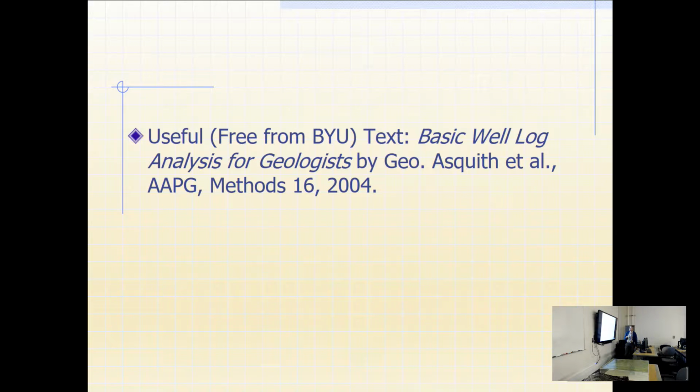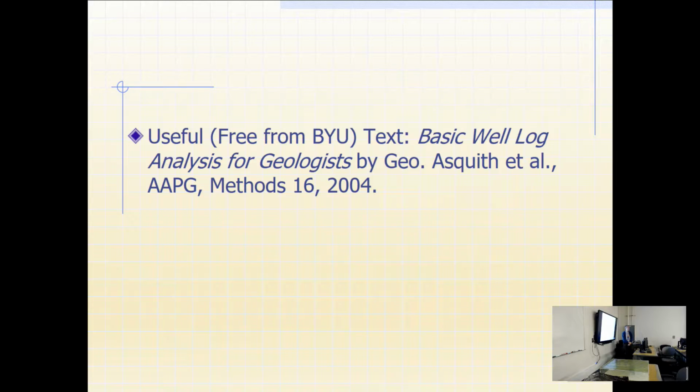First things first, as far as a textbook, there's no textbook that you need to buy for this, but one thing you might consider is getting Basic Well Log Analysis for Geologists, published by AAPG. It's kind of old, 2004, but it's still a good book. It's used by the AAPG, American Association of Petroleum Geologists, for their course.